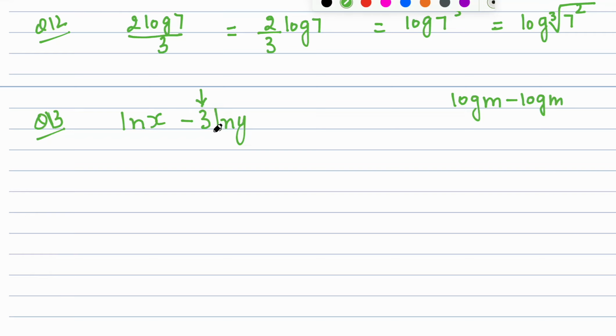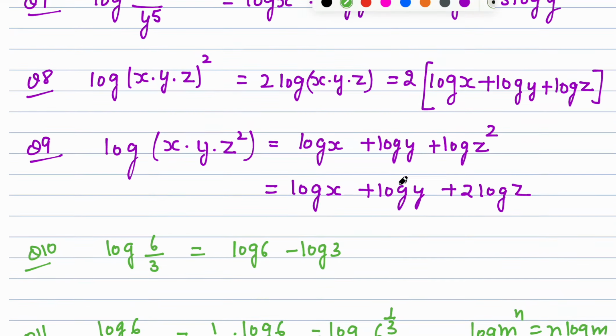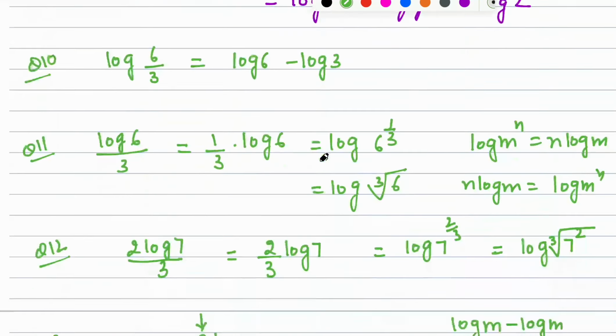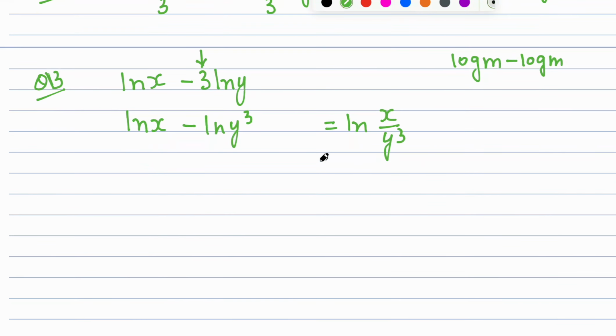So first I have to apply the power rule over here. That will be natural log of x minus natural log of y cubed. Now I can write it like this, natural log of x over y cubed. So these questions and this one, 13, are the same.